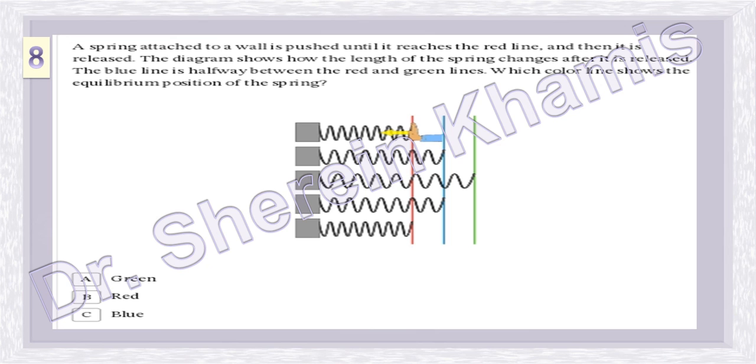I think it's easy to understand now. The line in the middle will be the equilibrium position. The blue line is the middle between the red and the green, as we move away from the blue to the maximum point and the least point. So the right answer will be the blue line, letter C.